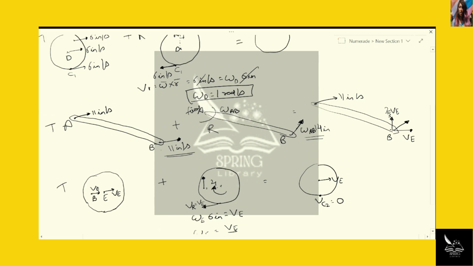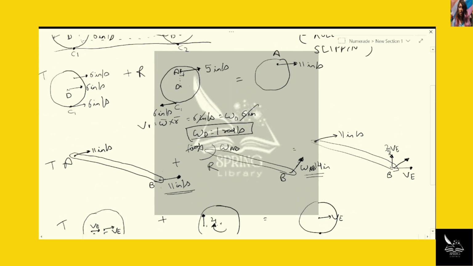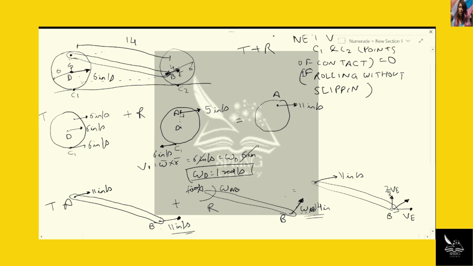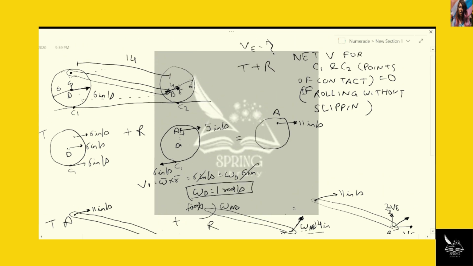Now what is the angle this rod is making? Because we need that angle to sum these two vectors, the 11 inches per second and omega AB times 14 inches. To get that angle, let's look at this diagram again.